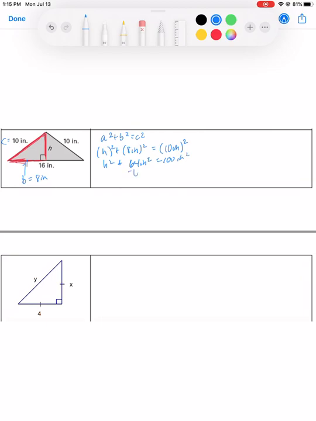So I'm going to subtract 64 inches squared from both sides. Now h squared is going to equal 100 minus 64, which is 36. Okay, h squared is equal to 36, therefore h is going to equal the square root of 36, which is equal to 6.